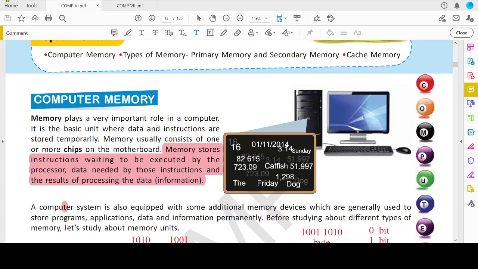So I can click on them and see the various instructions I can execute. I can open a new PDF file, I can reopen, I can create a PDF, I can save the changes made to the PDF. Whatever I can do, I get it in the form of a menu. So this is called an interface.